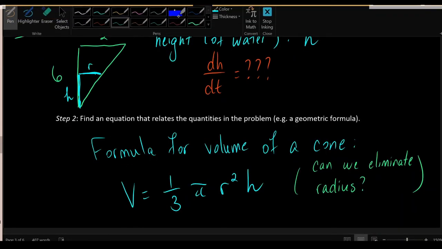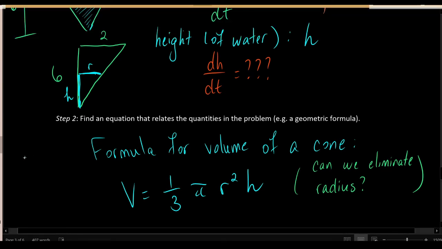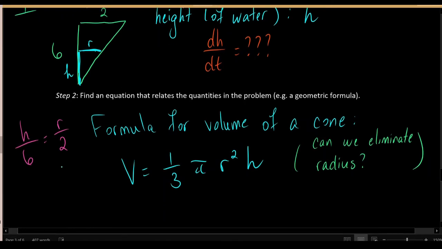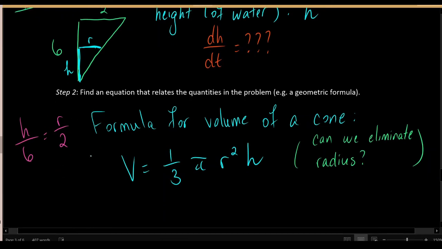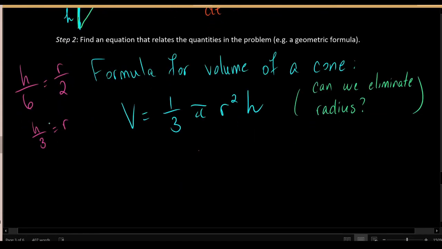For example, if I take the side h and divide it by the big side 6, that would be equal to the side r divided by the big side 2. So if I rearrange that, I get that h over 3 is equal to r. So the radius is always the same thing as height divided by 3.